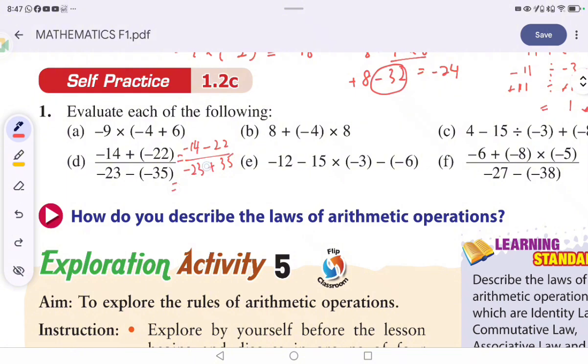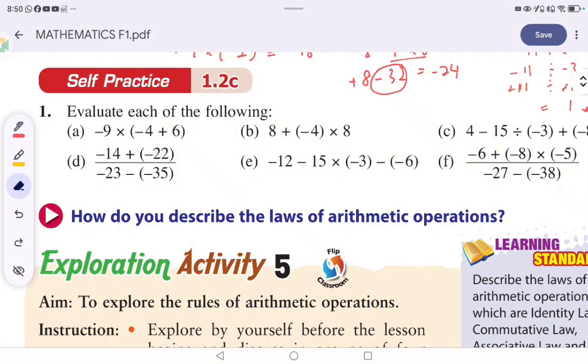So your answer will be 14 plus 22, that is 36, negative 36 over 35 minus 23, you will get 12, positive 12. This one you can simplify, 1 and this one 3. The answer should be negative 3.